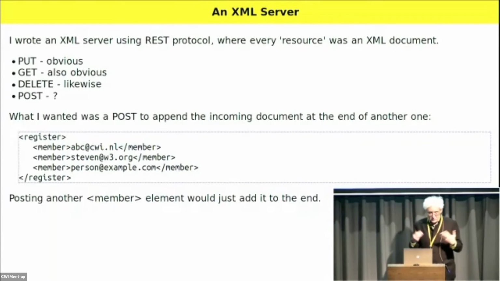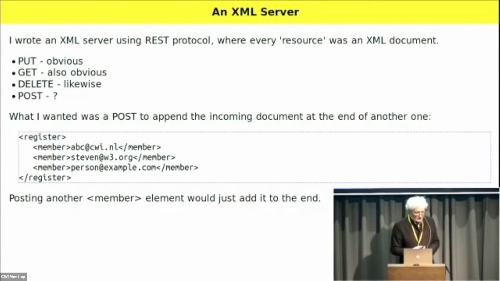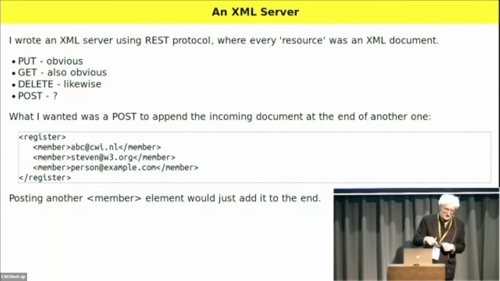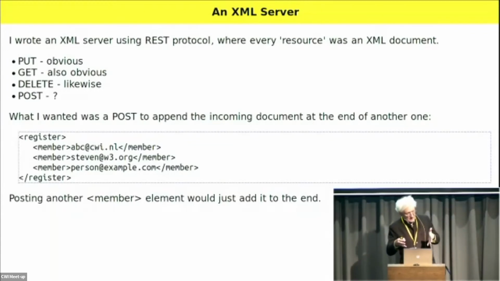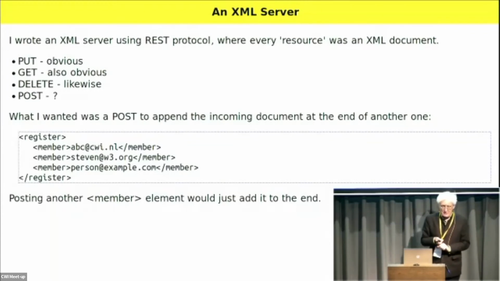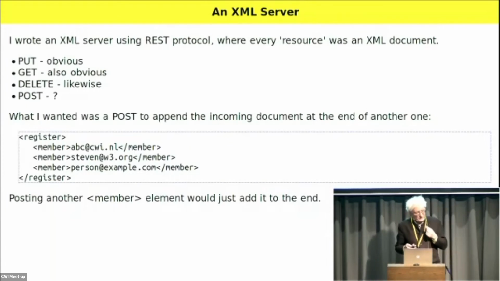So for instance, if I was registering people for something, then every time they submitted, I would just put another member element at the end. But this is irritatingly hard work to do right, to update that file.